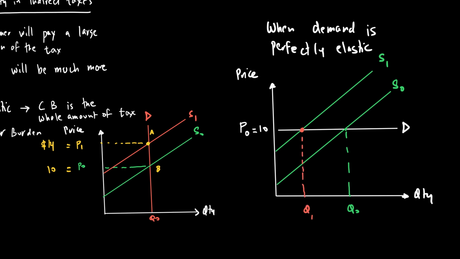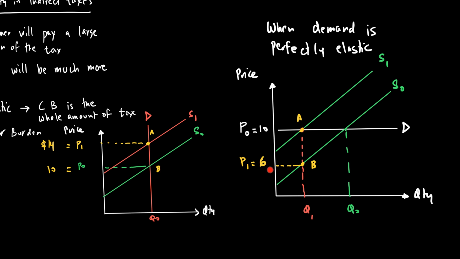But this vertical distance AB is now the new amount of the tax. As you can see, at this point AB, this is my new equilibrium at point A, and my price has not changed, which would mean AB distance should be $4, which means 10 minus 4, we are looking at the new price to be 6.